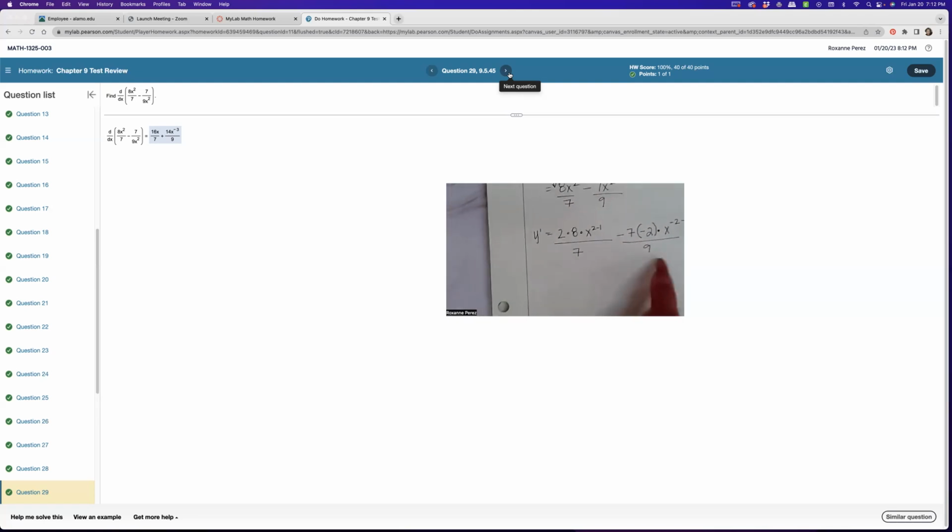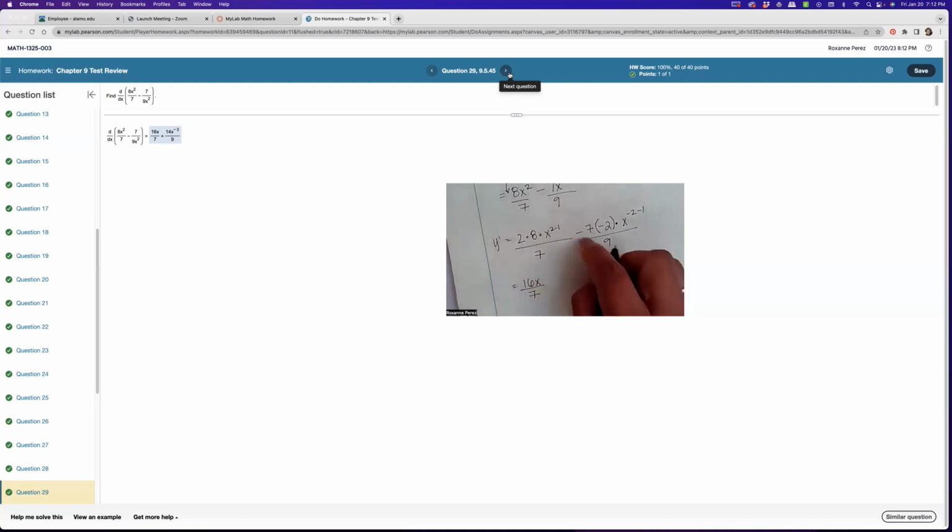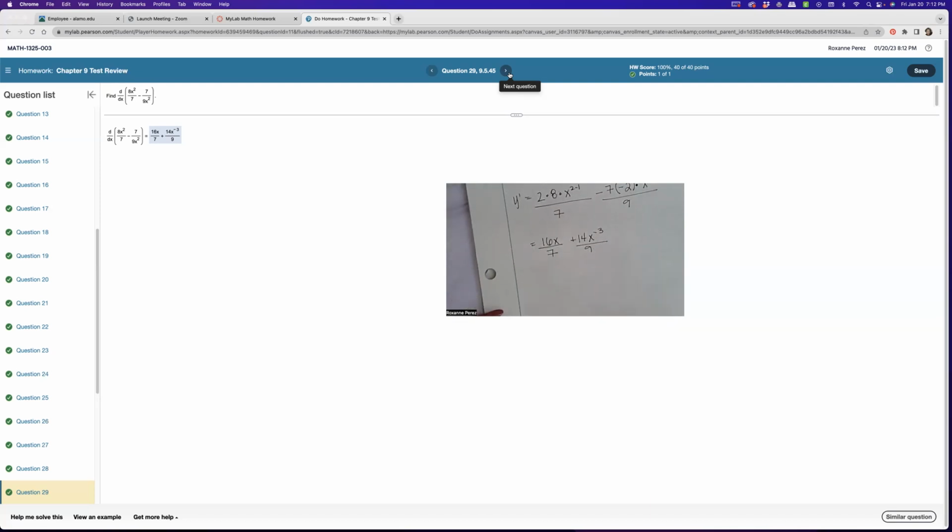And now I'm just going to simplify everything. 2 times 8, 16, x over 7, negative 7 times negative 2, that's a positive 14, x to the negative 2 minus 1, which is a negative 3, over 9. And we're done. Okay, that was 29.